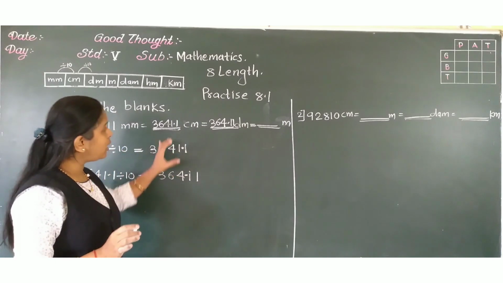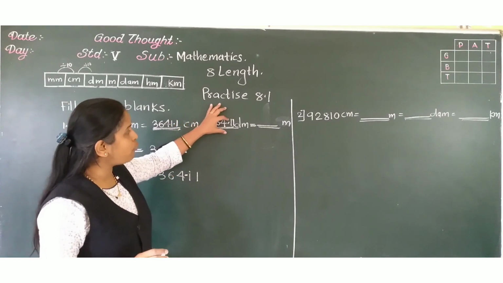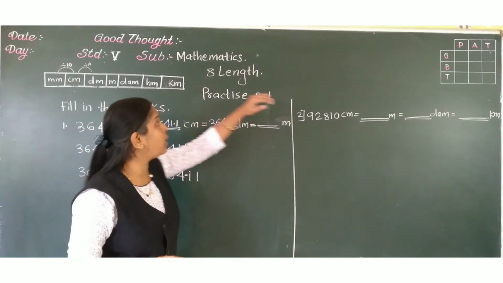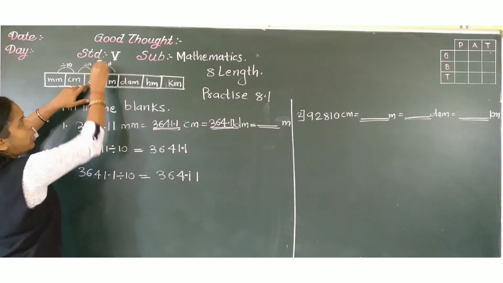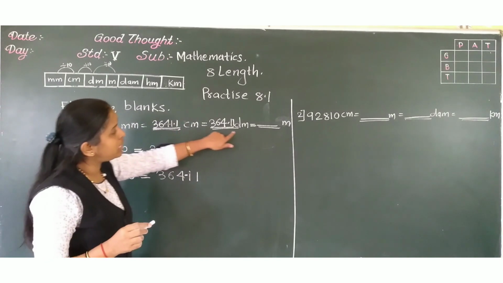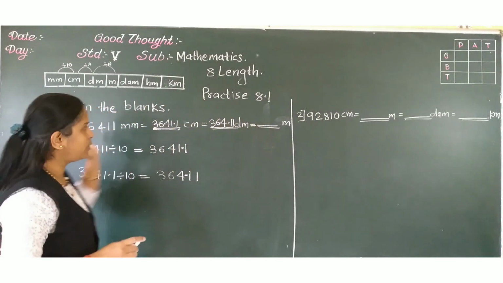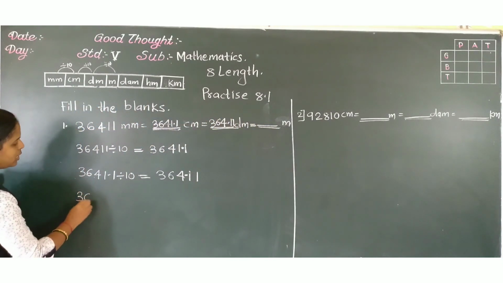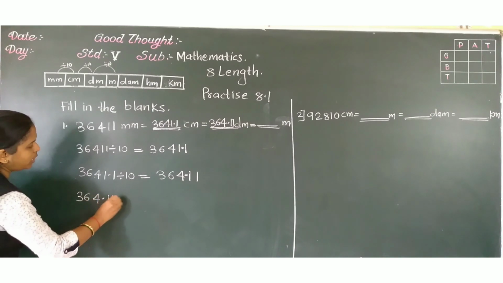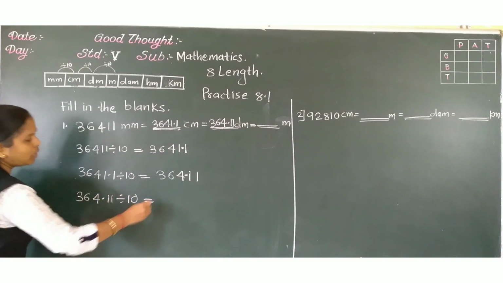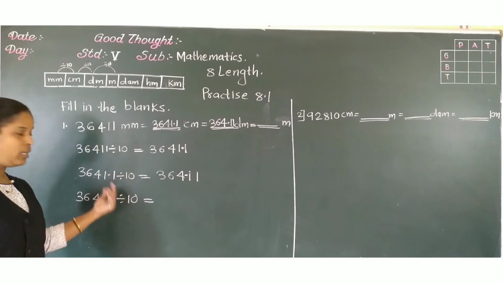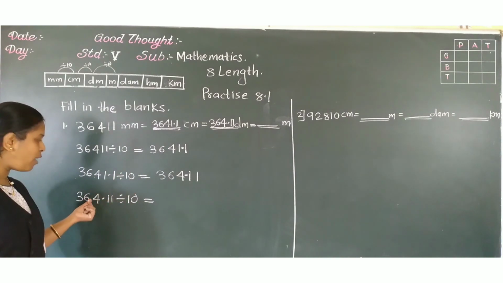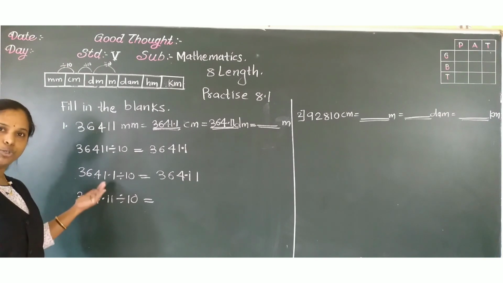Now we have to convert 364.11 decimeter to meter. Decimeter to meter means again we have to divide by 10. So 364.11 divided by 10. Again you shift the decimal point one place to the left side.